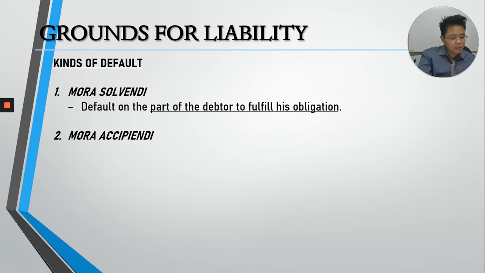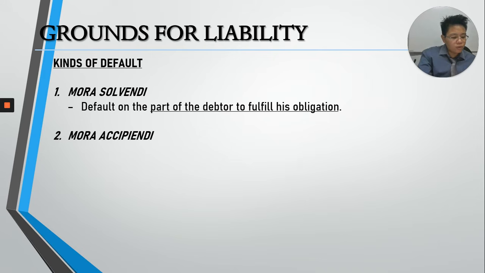demand. So, remember, in case of burden of proof, creditor must prove that he or she made a demand. So, also, the debtor must prove that the default is not caused by his fault. So, yun ang tandaan nyo, to exempt him from liability.